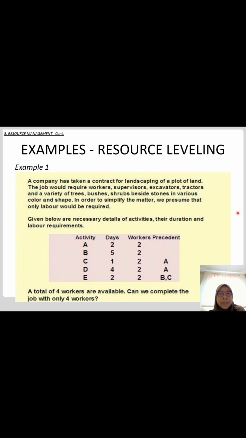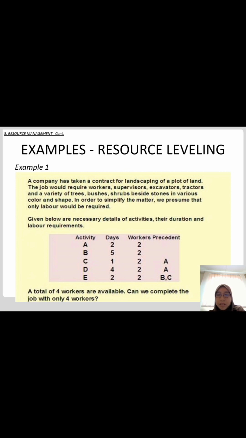Given below are the necessary details of activities, their durations, and labor requirements. We have 5 activities, A, B, C, D, E, with durations in days, and the number of workers for each activity, and the predecessors. A total of 4 workers are available, meaning the maximum is 4 workers. Can we complete the job with only 4 workers?